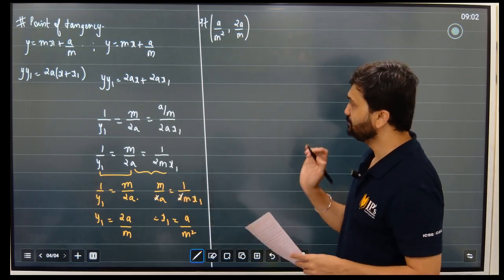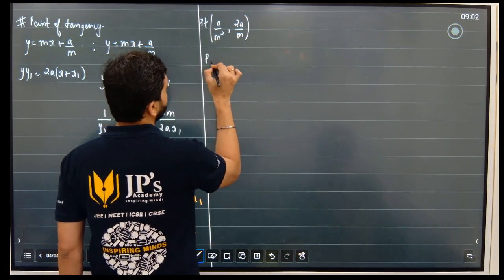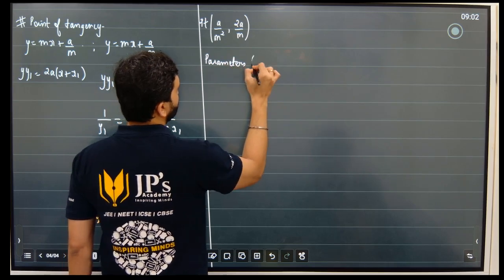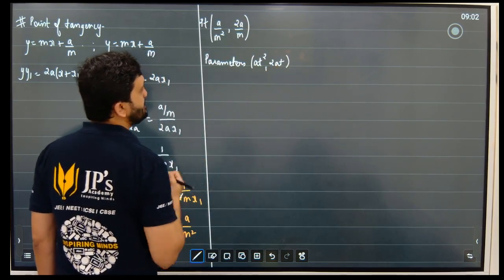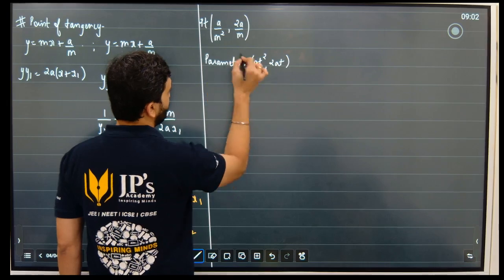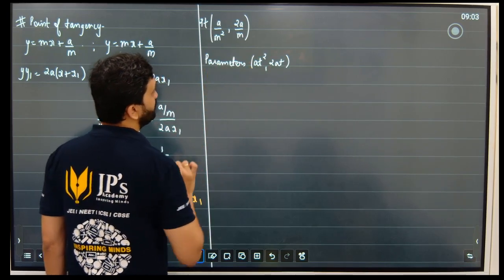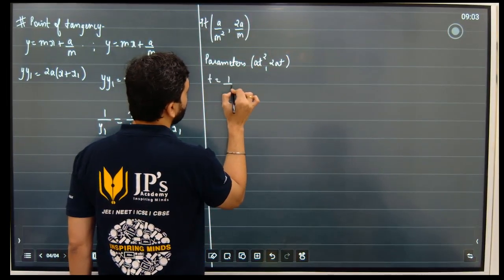Now see, it's a simple thing, but on a parabola my parameters are at squared, 2at. If I compare, I will get at squared is nothing but a by m square, 2at is nothing but 2a by m. So t will become 1 by m.